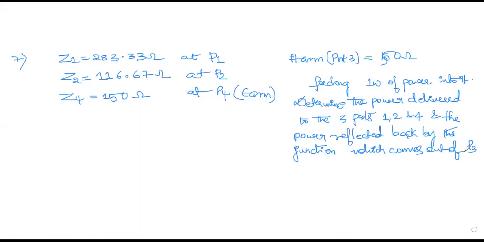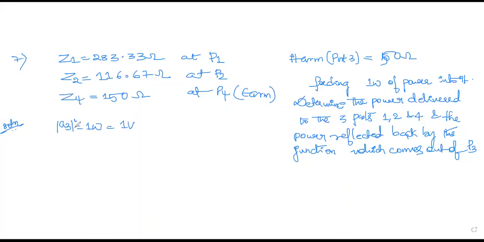Determine the power delivered to the 3 ports 1, 2, and 4, and the power reflected by the junction which comes out of port 3. Any idea how will you solve it? The problem is similar to your previous problem. Just tell me what are the extra things given and how we will be doing it. Port 3 is already given, that is A3 square, which is 1 watt, or it can be written as 1 volt also.